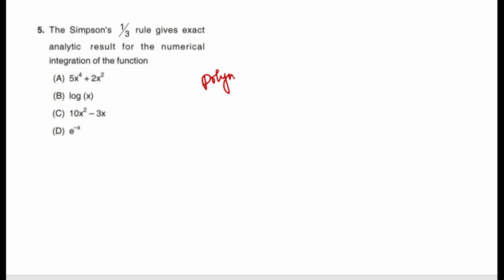Only for polynomial equation of order 3, means that is a power of 3 only. Okay, that we must keep in mind.